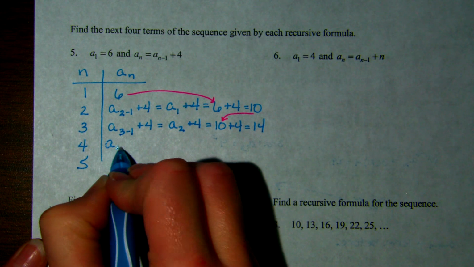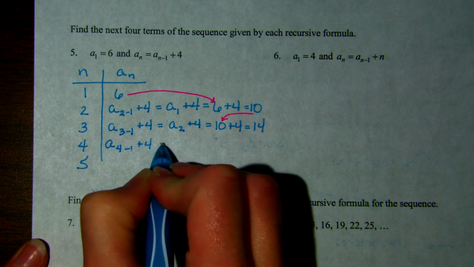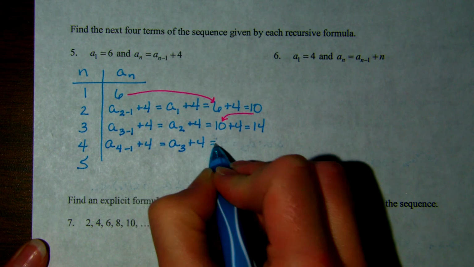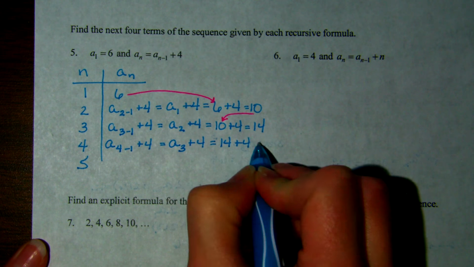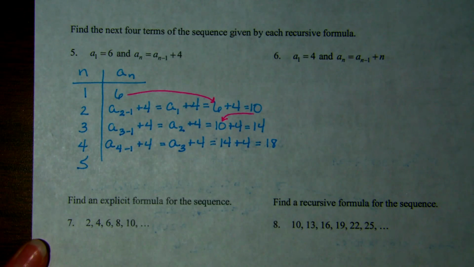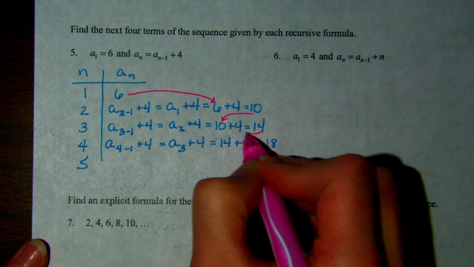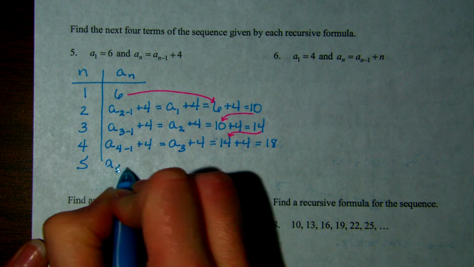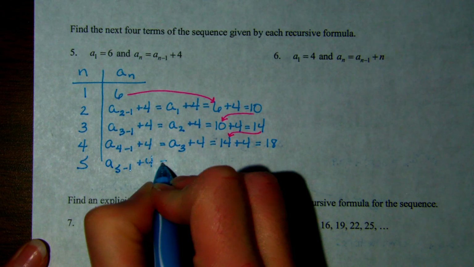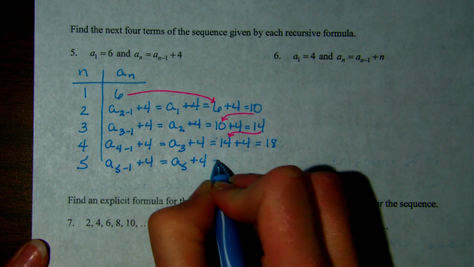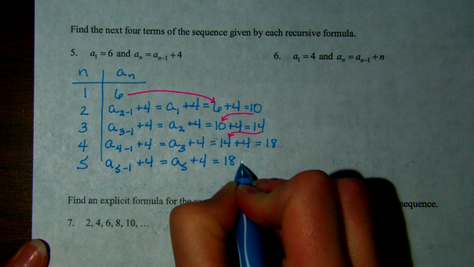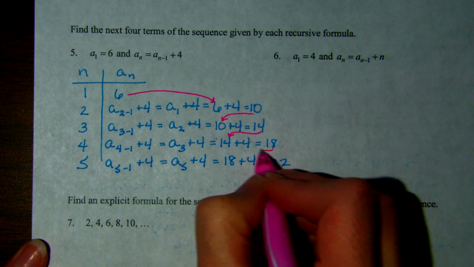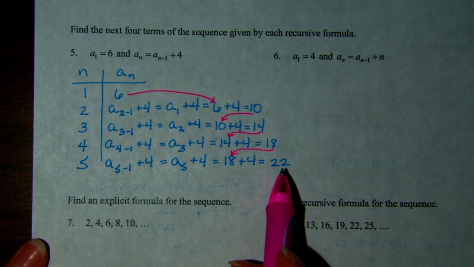A sub 4 is a sub 4 minus 1 plus 4, which is a sub 3 plus 4, which is 14 plus 4, and that's 18. Again, that 14 is just our previous term. We grab our previous term and we add 4. A sub 5 minus 1 plus 4 is a sub 4 plus 4, which is 18 plus 4, and that's 22. Again, we've grabbed the 18 from here, and we got 22.